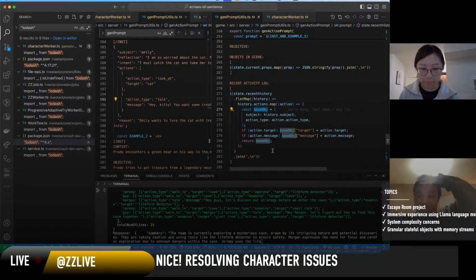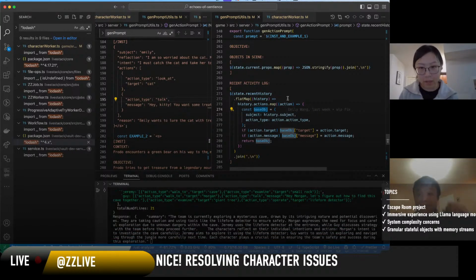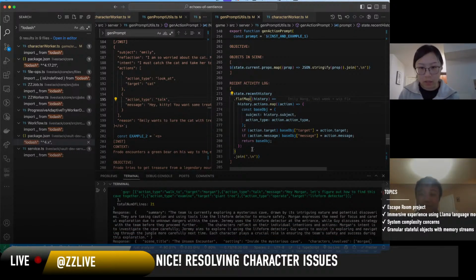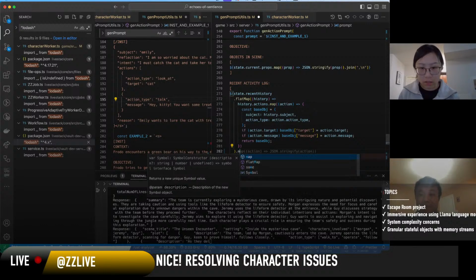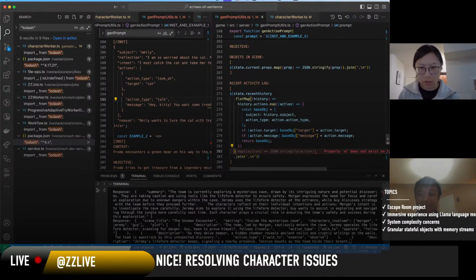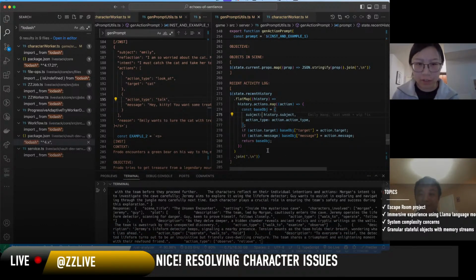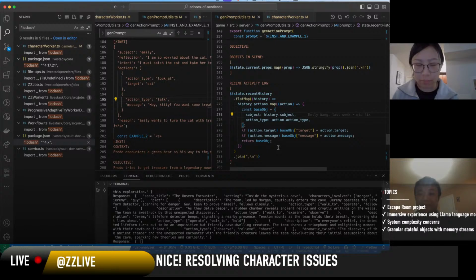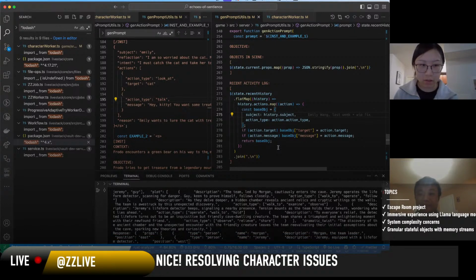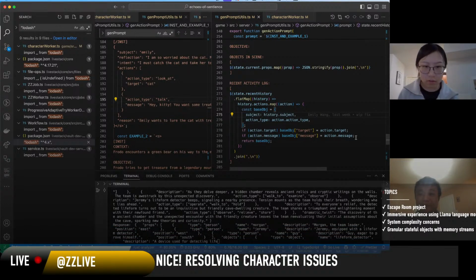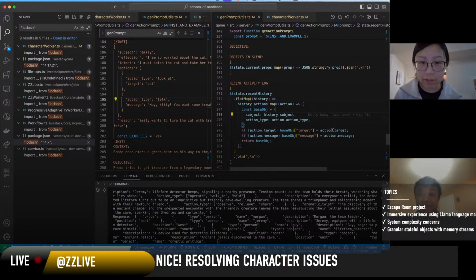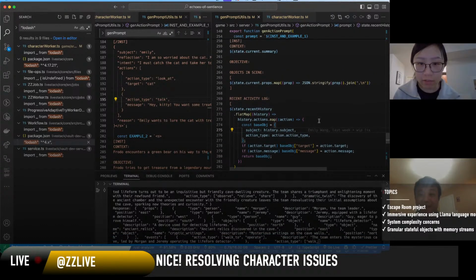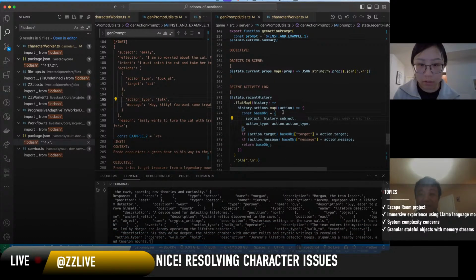What do we do then? Dot flat map this and then dot map or what? Shouldn't it be objective line 262, not part of the recent activity log? Wait. Okay. So what do I do? Line 262, do you see the line? I actually don't know how a flat map works. Okay.